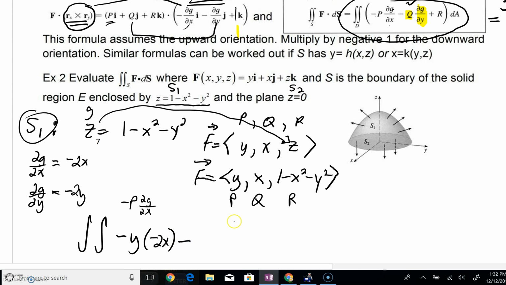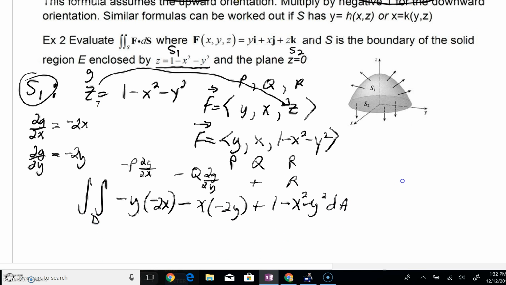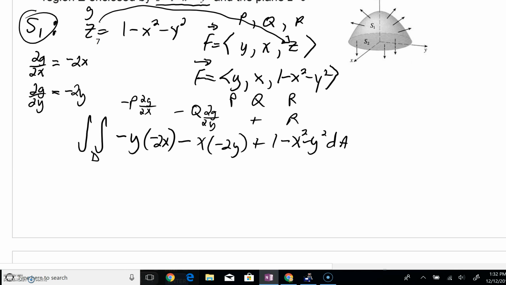Now I'm going to say minus a Q. Well, the Q is going to be your x, and then you're going to be multiplying by the partial derivative of g with respect to y. Well, we just figured that out. That's negative 2y. And then we'll say plus your R value. Well, your R value is 1 minus x squared minus y squared, right? And then we've got our dA, and here's our region D. So at this point, guys, what you can see more or less is that this surface S1 is defined in terms of x and y.